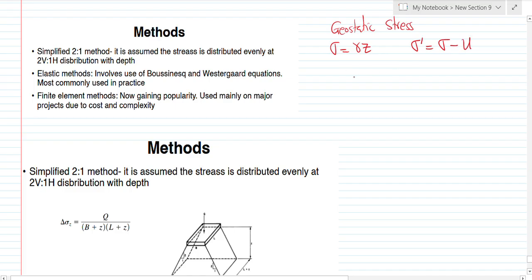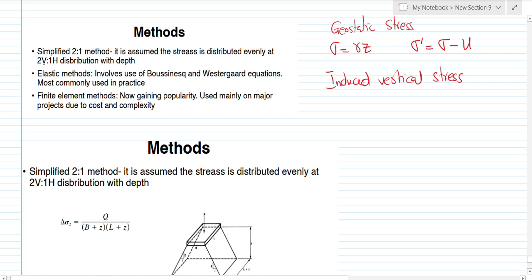That's geostatic stress. But if I want the induced vertical stress as a result of surface load, or a load placed on the soil, we have methods.